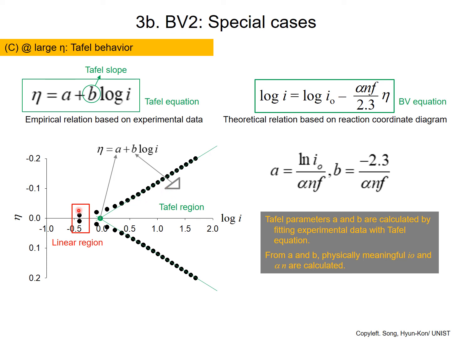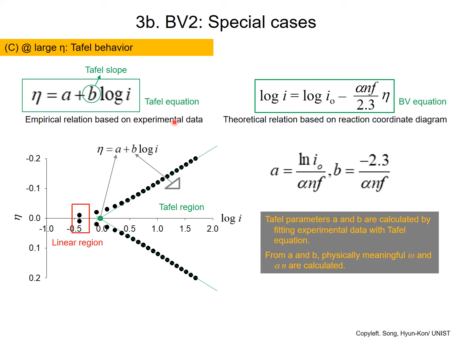However, at lower overpotentials, the experimental data deviates from the Tafel equation. The green line indicates the Tafel equation for cathodic and anodic. I have said the Tafel equation was presented before the Butler-Volmer equation was developed.